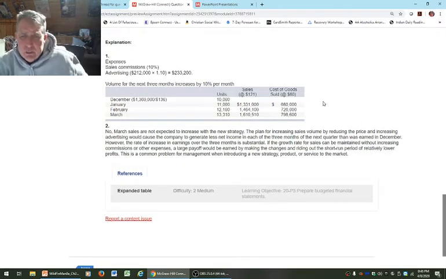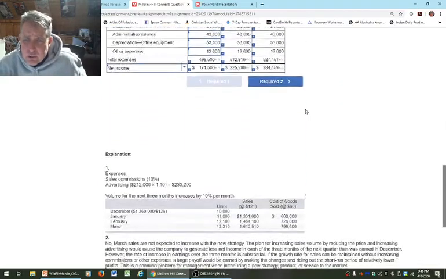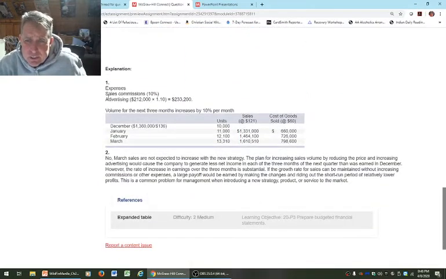Explanation in number 1, right? Yeah. Requirement 1 gives you expenses. Sales commission is 10%. Advertising, 212 times 1.10, 10% is 233. Volume for the next 3 months increases by 10% per month. That's what they want. So guess what happens?